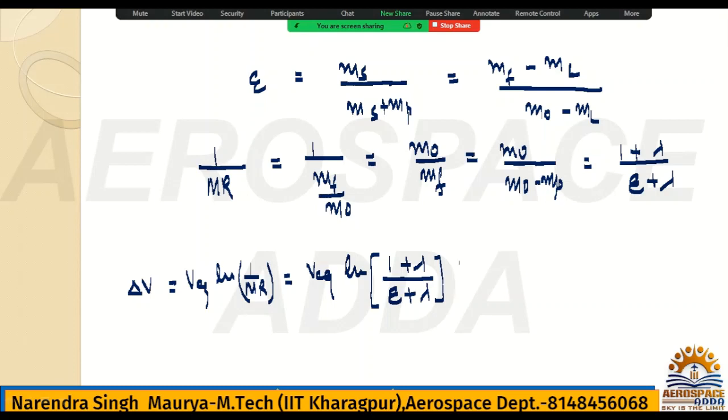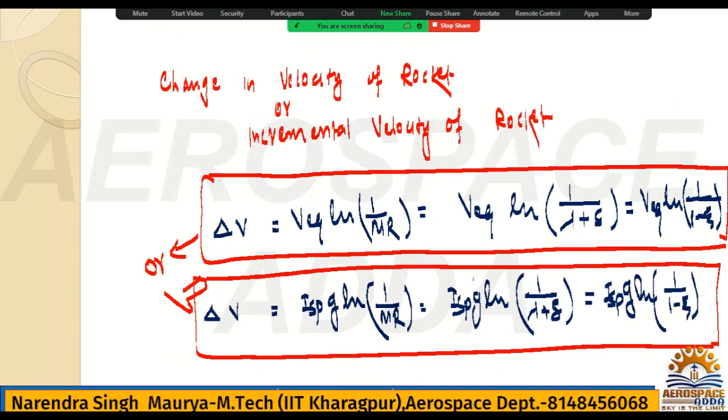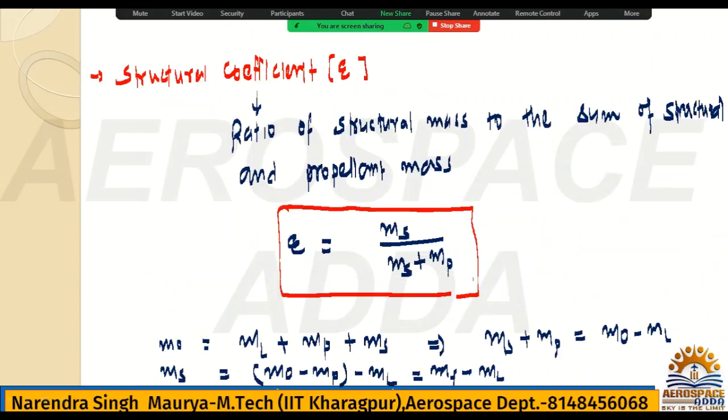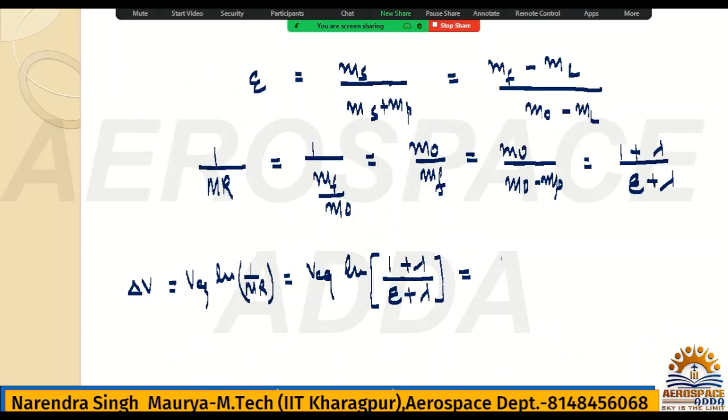And the rest you know, epsilon plus lambda plus delta, all formats you have written. So in a single formula, better I will write this.